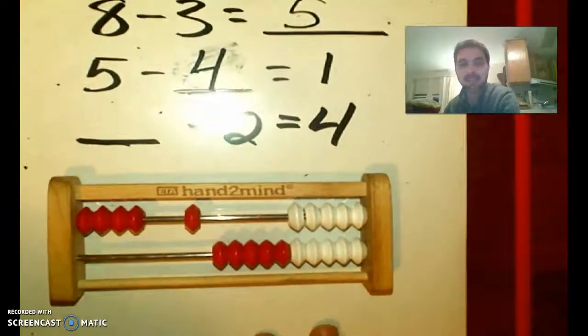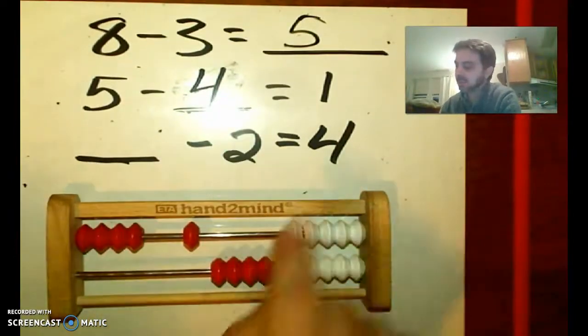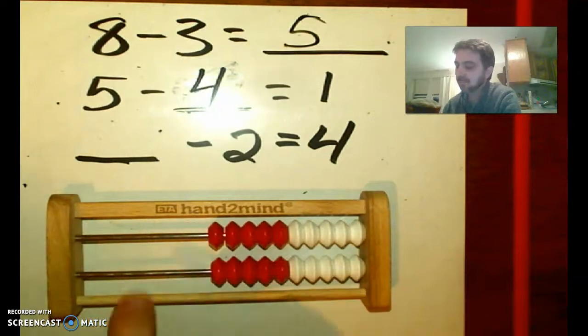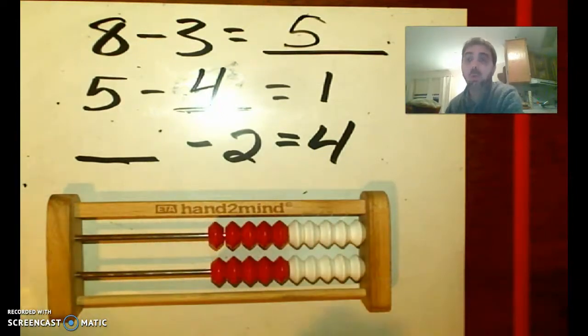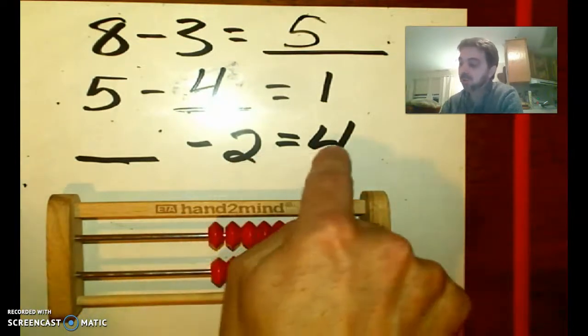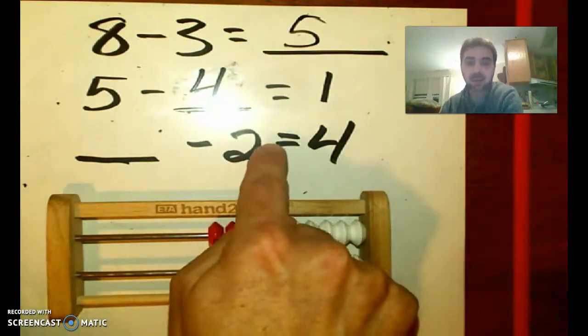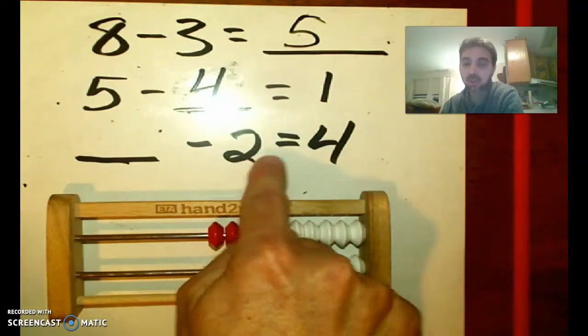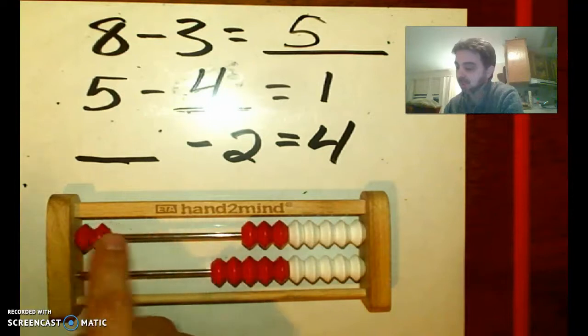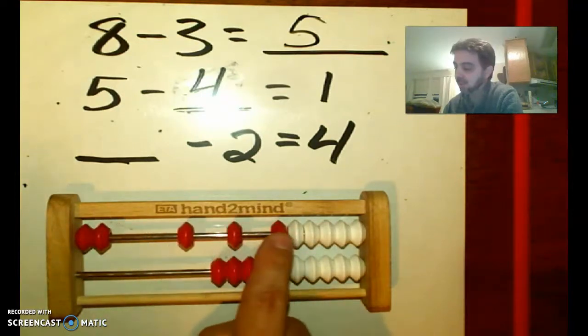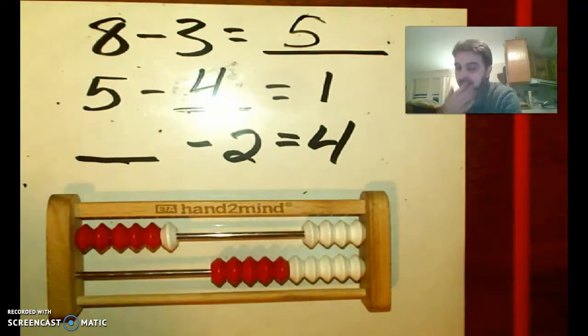And then the last one, this is the most challenging one. It says something minus 2 equals 4. We don't know what to start with. We just don't know. But we do know the 2 parts of that number. We know that there's 2 and 4. So if I put a 2 and a 4, 1, 2, 3, 4, let's see if this works.